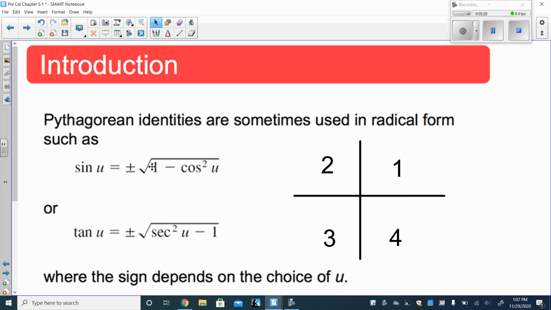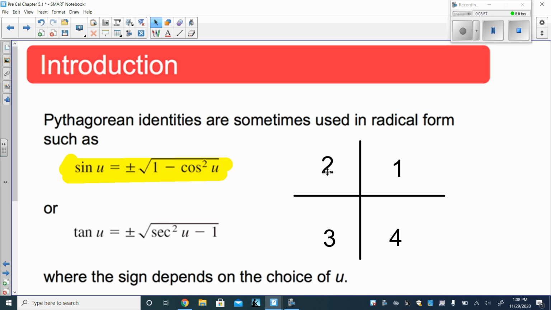So if we're taking this equation here, and the angle u is in quadrant 1 or 2, between 0 and pi, or 0 and 180, or multiples of in that range, if they lie in quadrants 1 and 2, or any coterminal angles that lie in there, the value of sine would be positive.